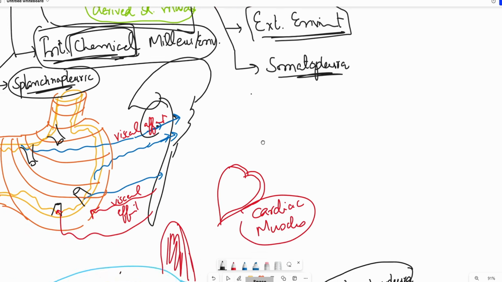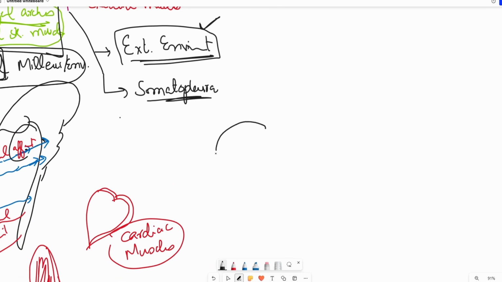And finally, if I draw the section of our spinal cord, a very simplified diagram again, Dr. Najeeb style, here is our spinal cord, and here there will be a central canal. Now this is the dorsal horn, this and this the dorsal horn, this is the ventral horn, and at some places we also have a lateral horn as well.